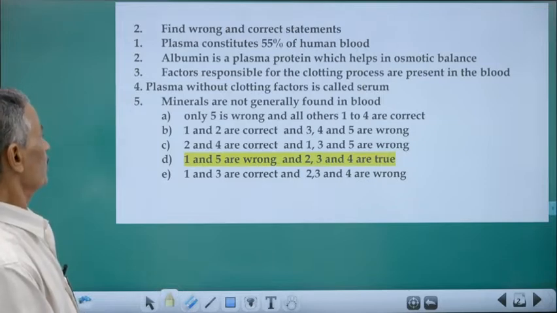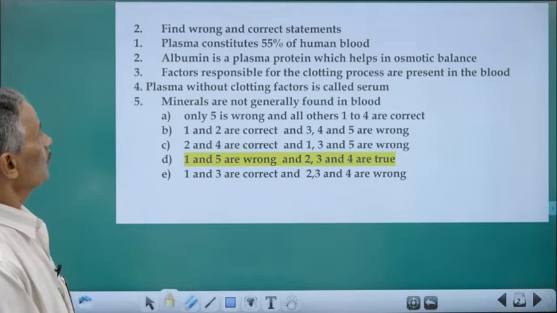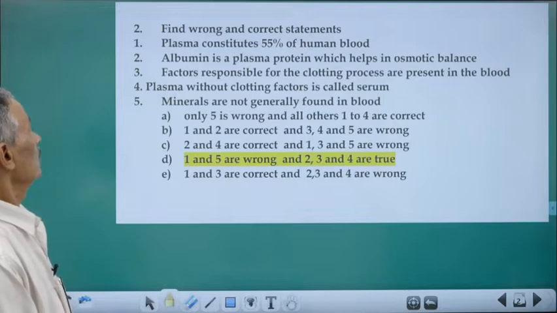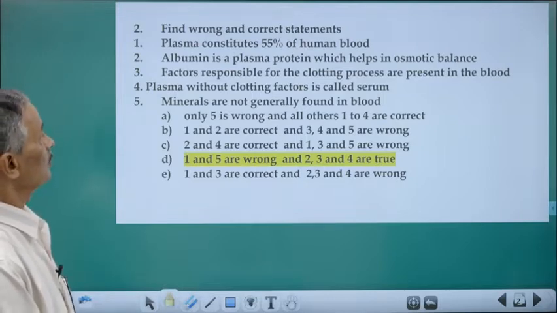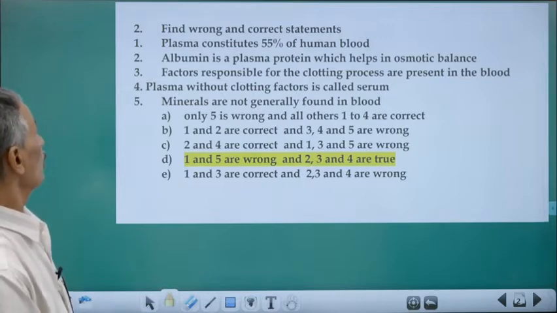Wrong and correct statements. Plasma contains 55% of human blood. See, plasma, which is abundant, constitutes 55% of the human blood.